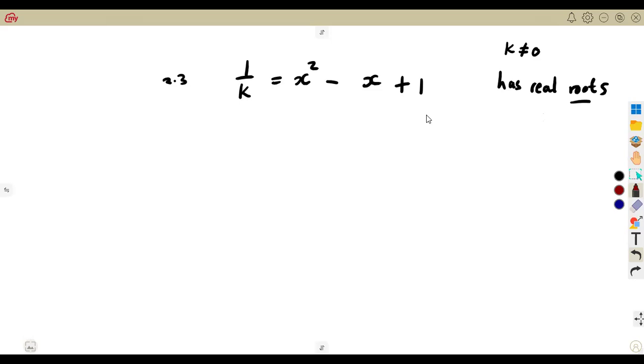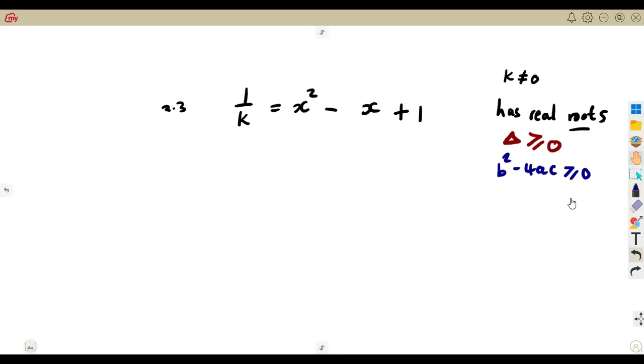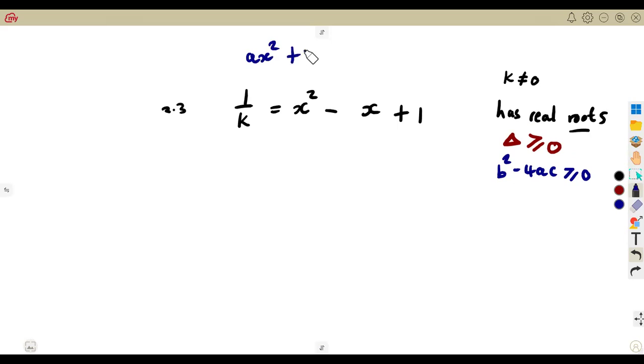All right. So if truly the roots are real, then it means our delta, which is the discriminant, must be greater than or equal to 0. But we know that this delta, which is b squared minus 4ac, is a condition which is taken from a normal quadratic equation when it is written in the form of ax squared plus bx plus c, where we can properly see this so that we can have our b, our a, and c.